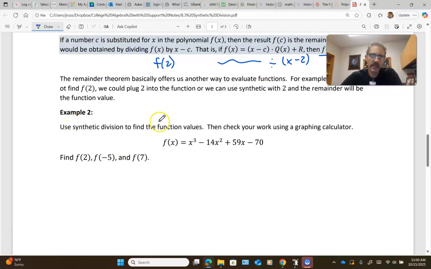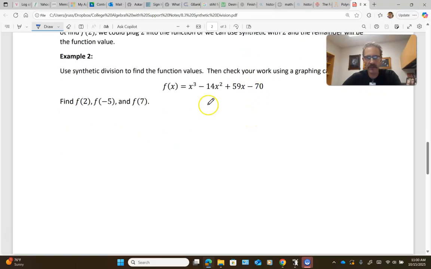But let's use synthetic division to find the function values for this particular polynomial. And then we're going to check our work using a graphing calculator, or at least check one of these. Alright, so if we want to find f of 2, I could just plug 2 into the function, that would be one way, but I'm going to do it using synthetic division.